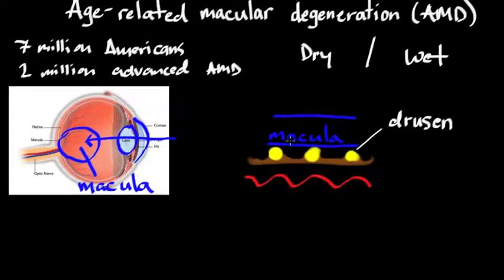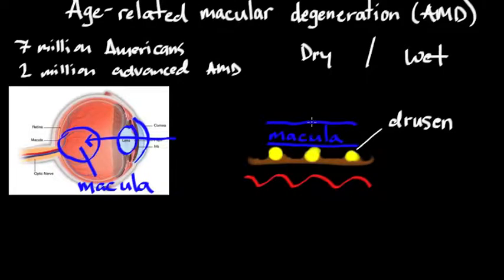And we call that atrophy or atrophic macular degeneration. This is a more advanced form of macular degeneration. So if I could somehow illustrate that, the macula, instead of being, let's say, this thick, it actually gets much thinner and atrophies. So we'll draw a macula that's about, let's say, half as thick.